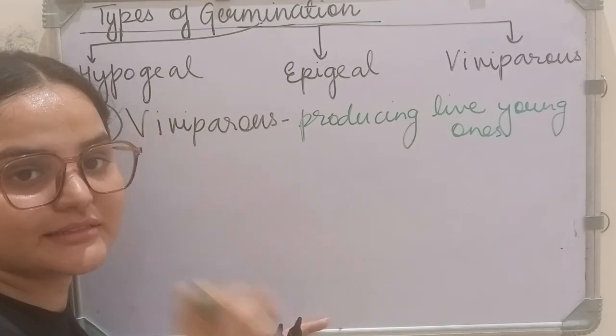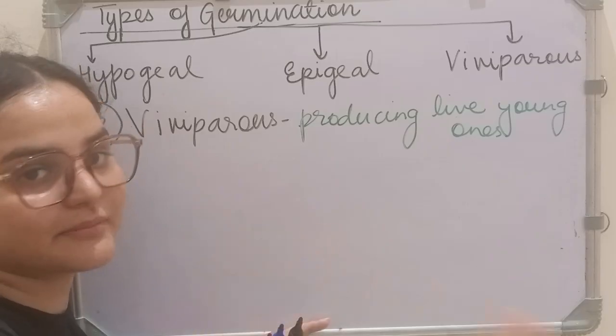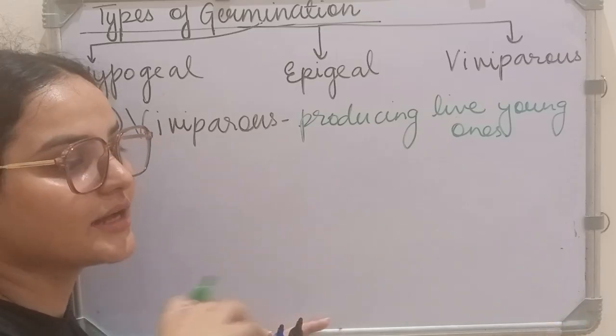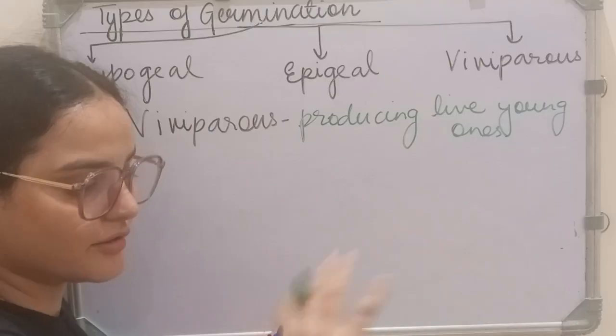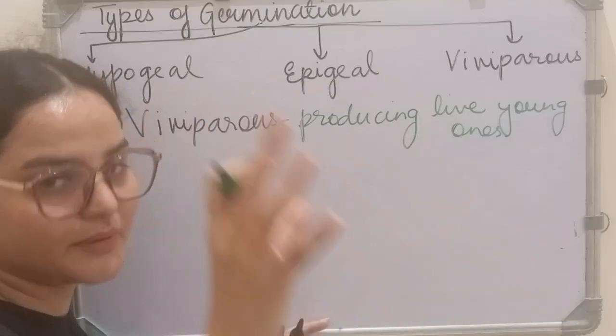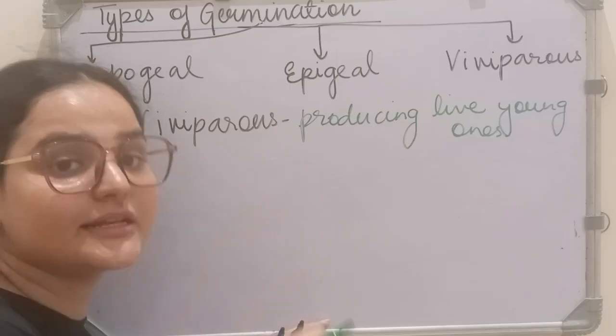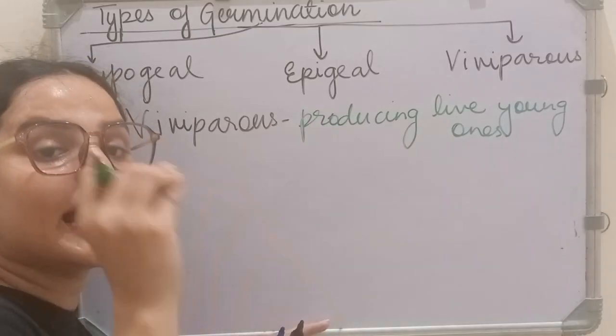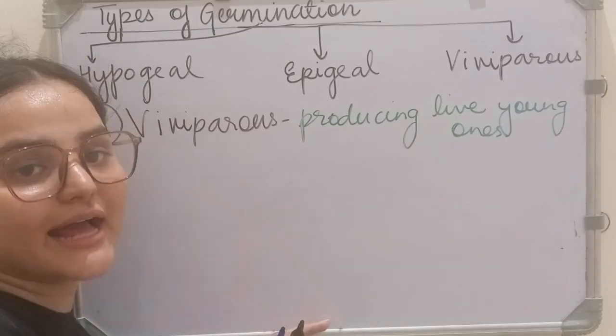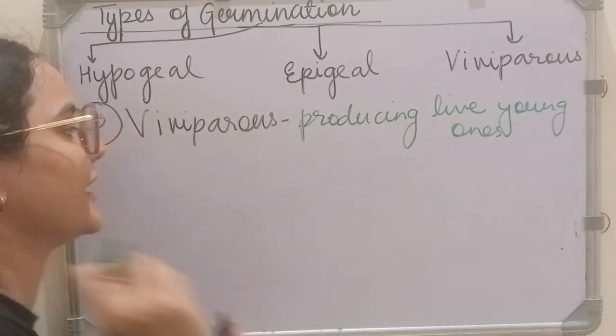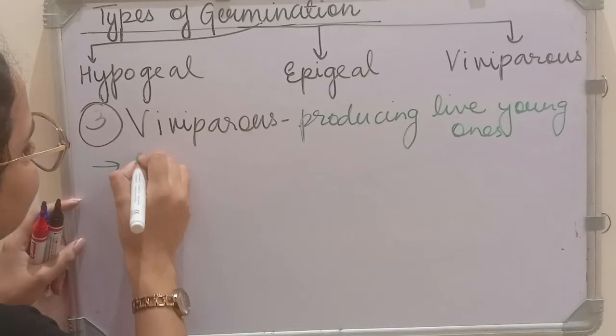Earlier we studied that the seed was being separated from the fruit, and later on in the soil it was forming a new plant. But in viviparous germination the seed is still present within the fruit, and that fruit is still attached to the parent plant. So let's write. In viviparous, what happens?